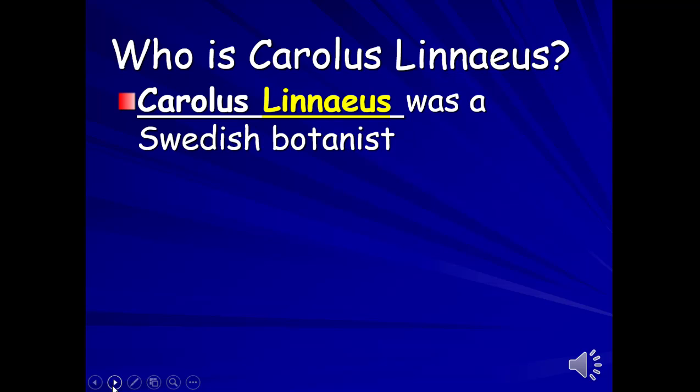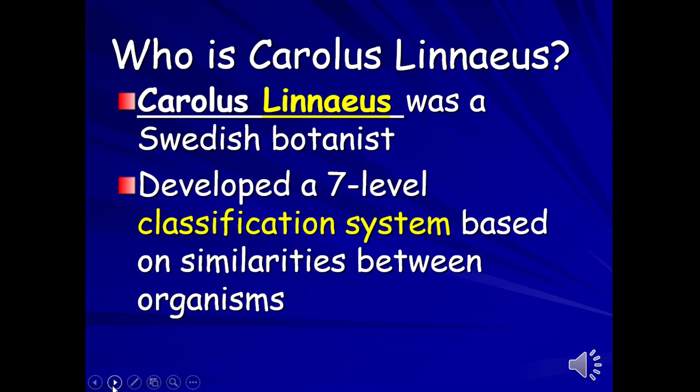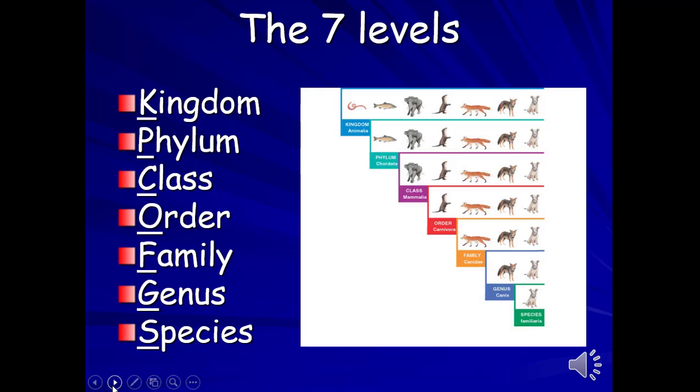He was a Swedish botanist who developed a classification system based on similarities between organisms. These were the 7 levels of the classification: kingdom, phylum, class, order, family, genus, and species.